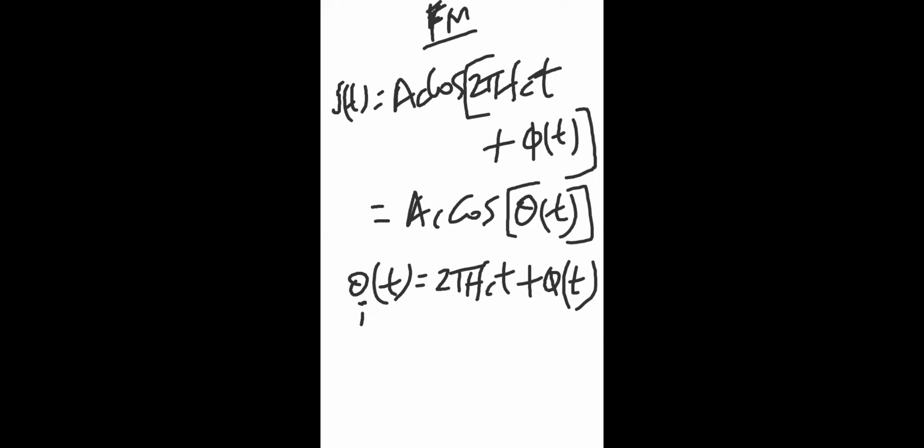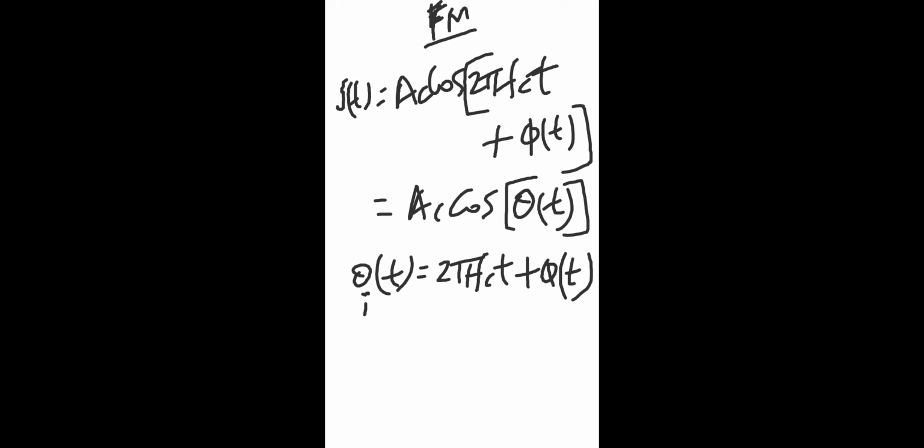From the instantaneous phase, how do we recover the instantaneous frequency? First of all, you should know the relation between phase and frequency. Suppose phi of t is omega t.